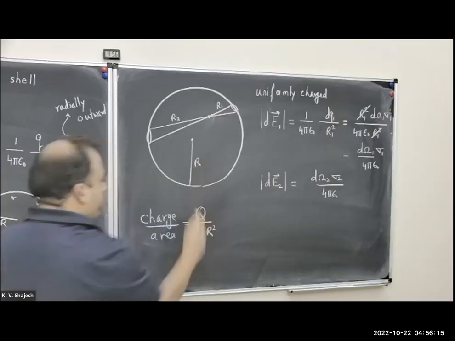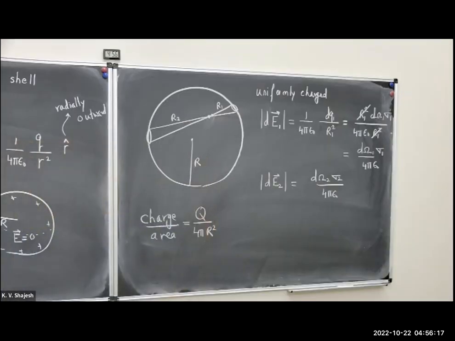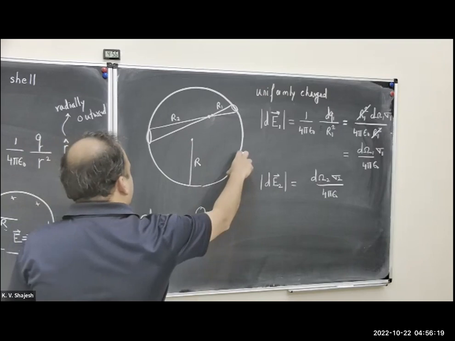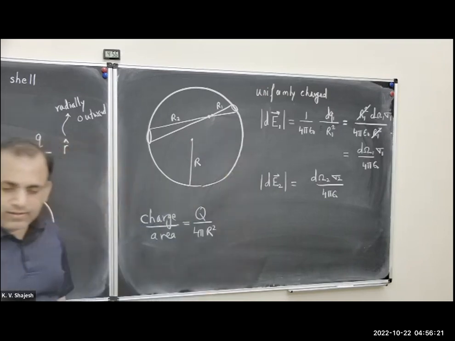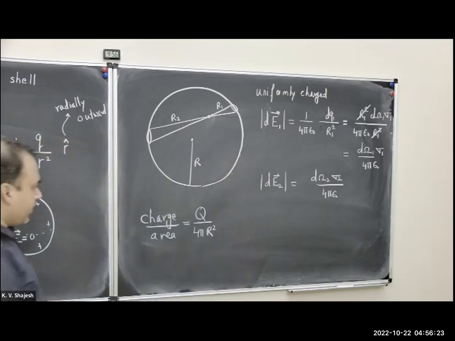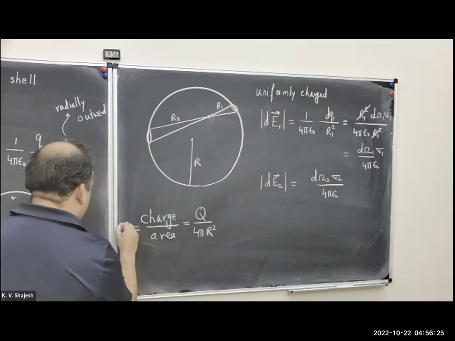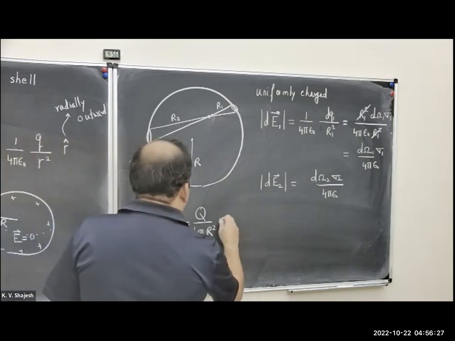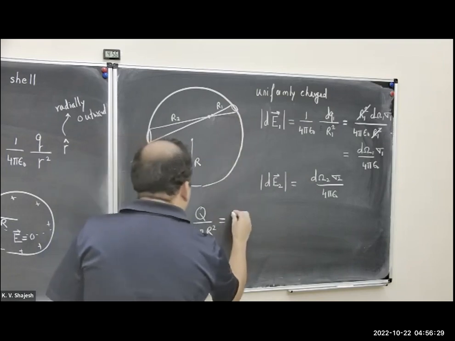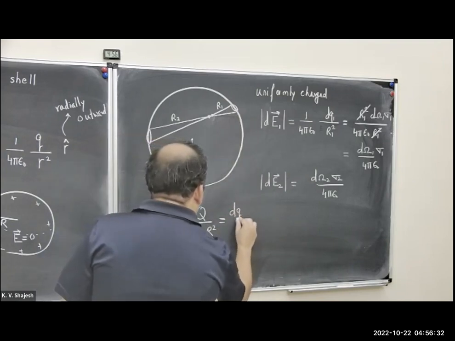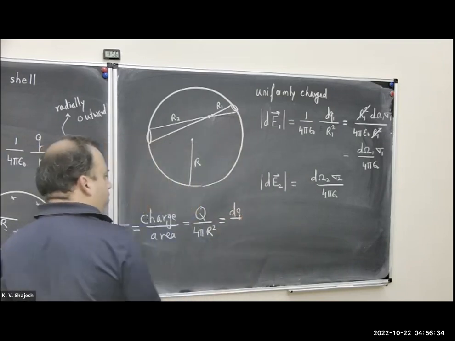That's one possibility. But if it is a uniformly charged sphere, I can pick any piece out of this and still have the same thing. So let's say this is sigma, and I can pick any dq over the area.